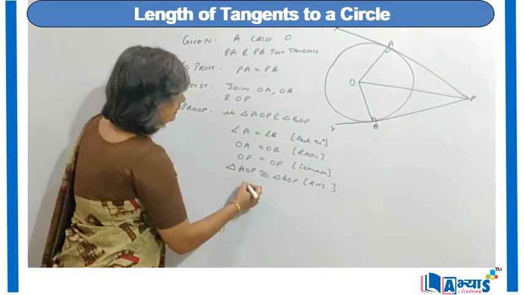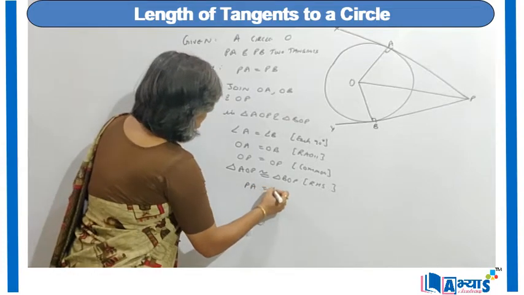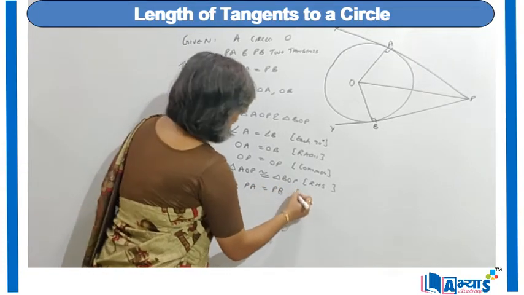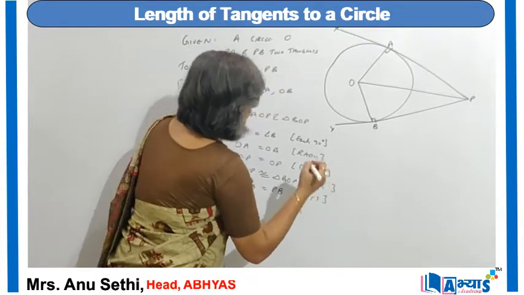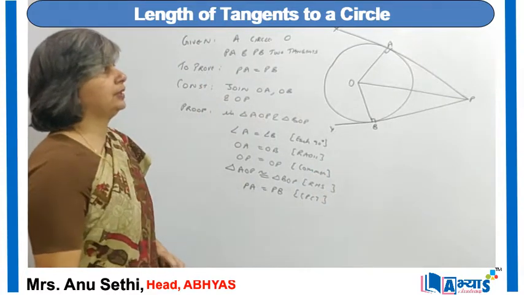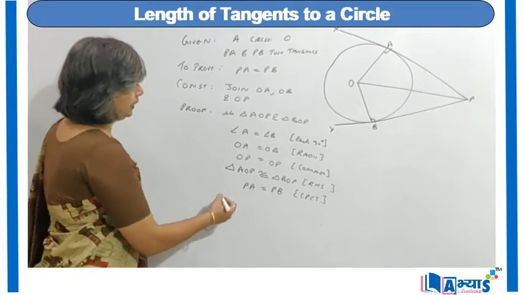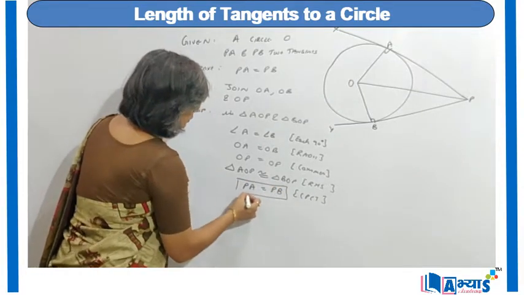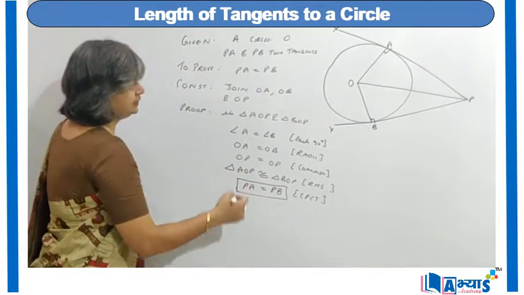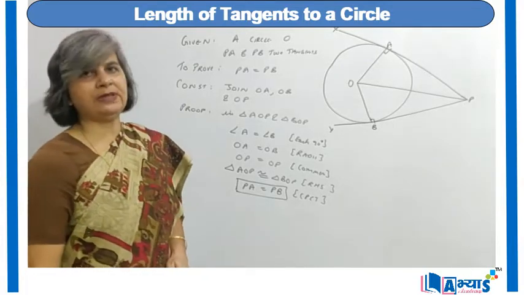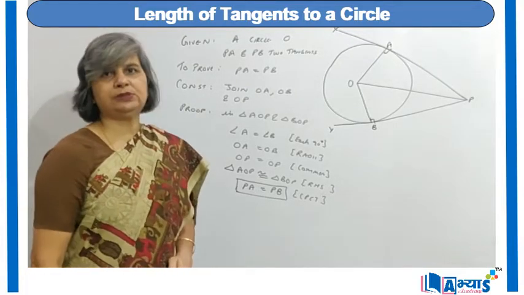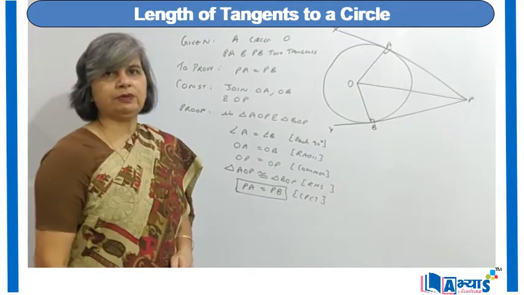Therefore, by CPCT, PA is equal to PB, since the corresponding parts of the two triangles are equal. Hence we have proved that the two tangents are equal. That means from an external point, if we draw two tangents to a circle, they will be of equal length.